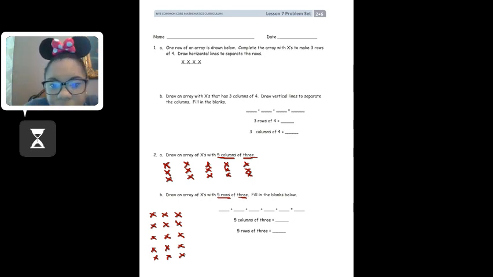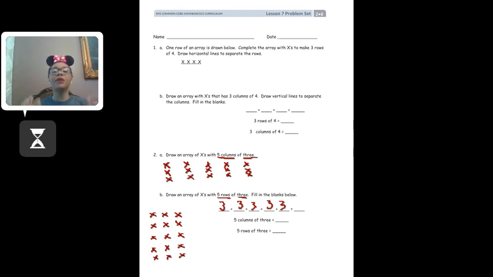So I'm going to put 3 for the first row, 3 for the second row, 3 for the third row, 3 for the fourth row, and then 3 for the fifth row. So there was 3 in the first row, 3 in the second row, 3 in the third row, 3 in the fourth row, and then 3 in the fifth row.